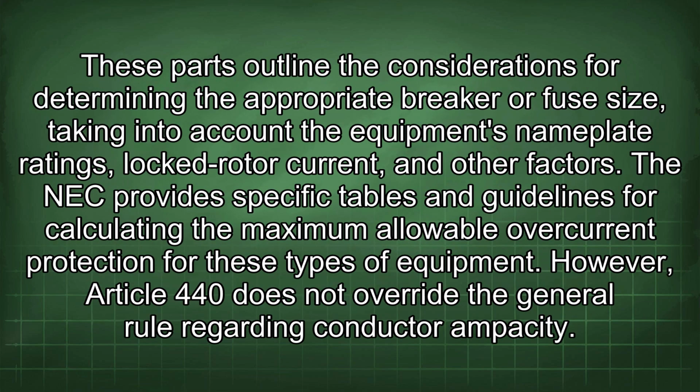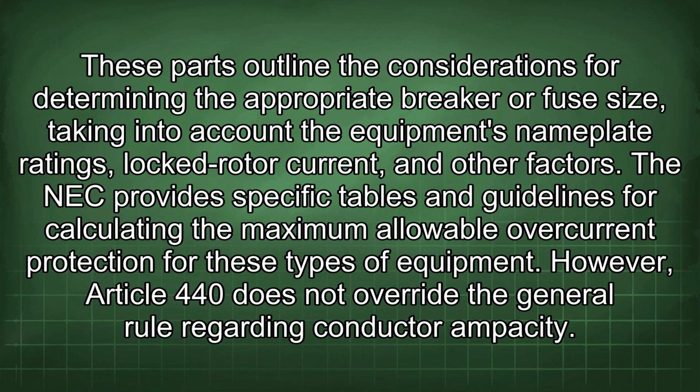These parts outline the considerations for determining the appropriate breaker or fuse size, taking into account the equipment's nameplate ratings, locked rotor current, and other factors. The NEC provides specific tables and guidelines for calculating the maximum allowable overcurrent protection for these types of equipment.